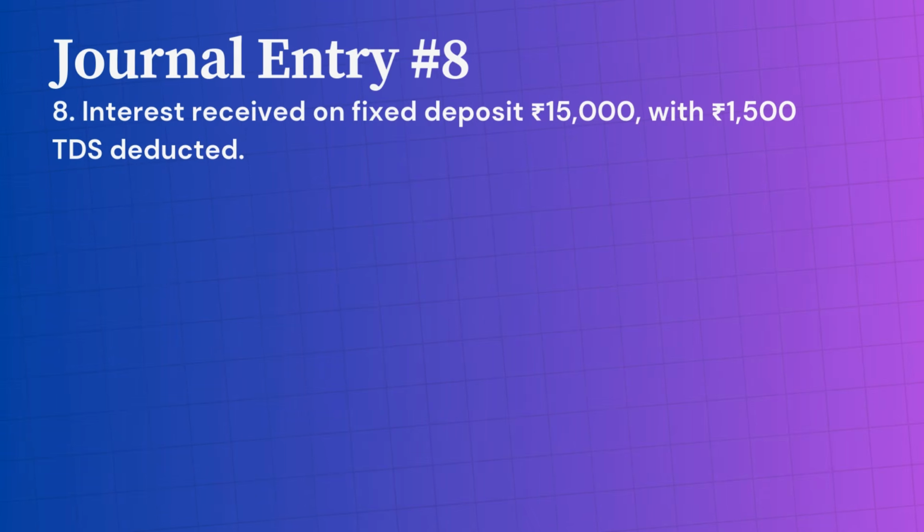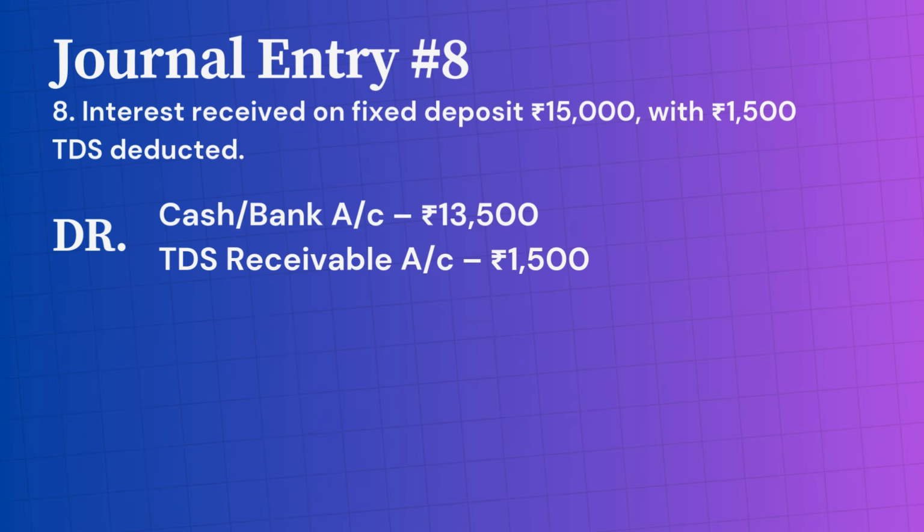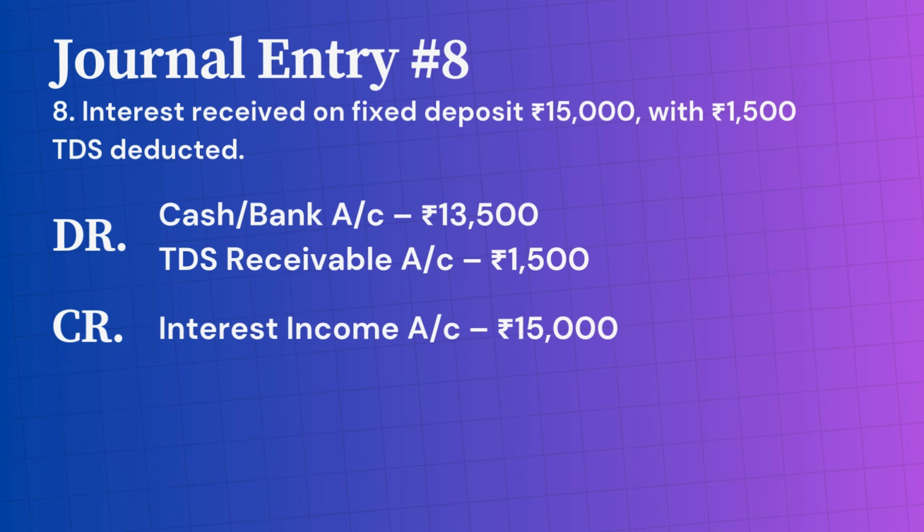Next one on our list is journal entry 8, interest received on fixed deposit 15,000 rupees with 1,500 TDS deducted. So to book this transaction, we will debit cash bank account 13,500 rupees, debit tax deducted at source receivable account 1,500 rupees, and credit interest income account 15,000 rupees.